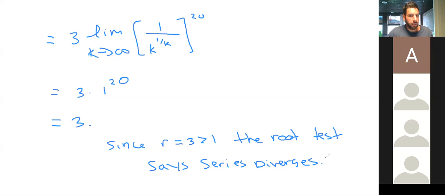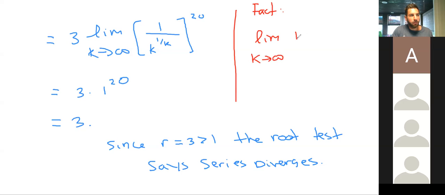So here's a very important fact that you might want to convince yourself of: the limit as k goes to infinity of the kth root of k is 1. So that's what I'm using. And if you want to verify that for yourself, use L'Hopital's rule.